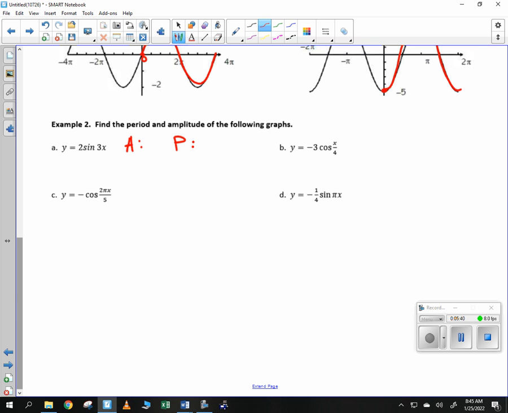Amplitude for letter A. 2. How about the period? 2 pi over 3. Any questions? Letter B, amplitude. 3, period. I take 2 pi and divide it by what? What's the number in front of x?